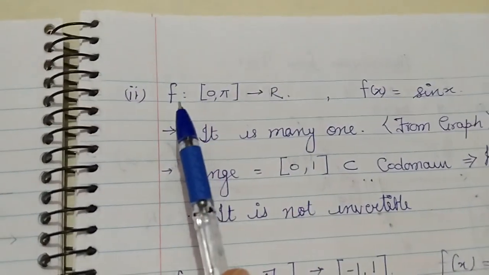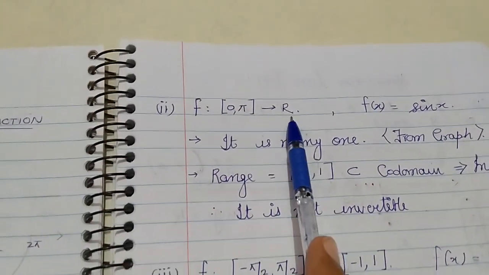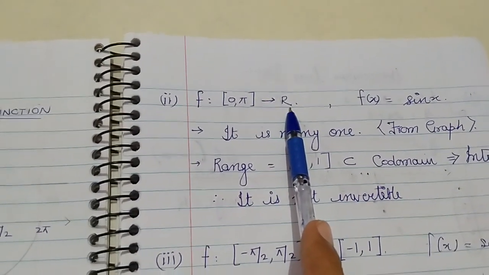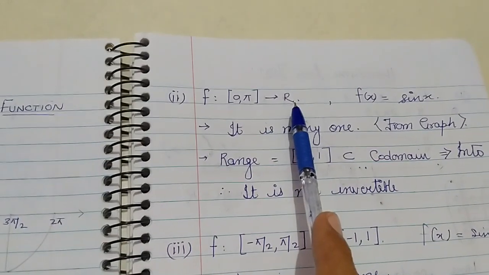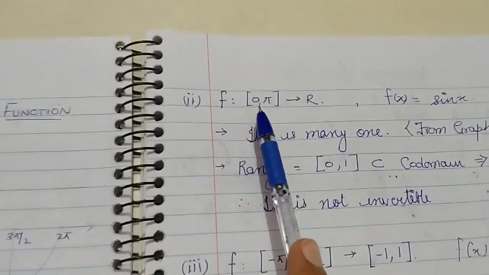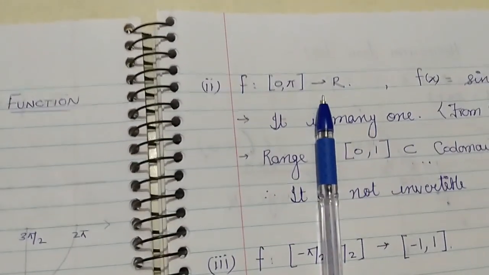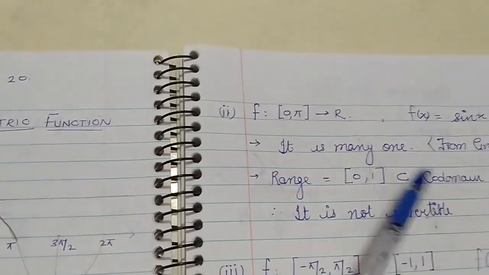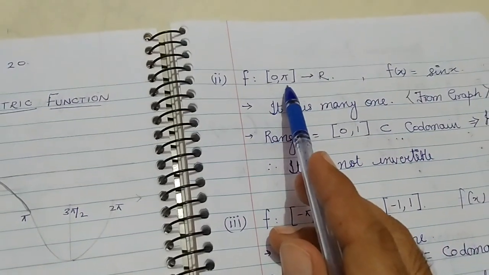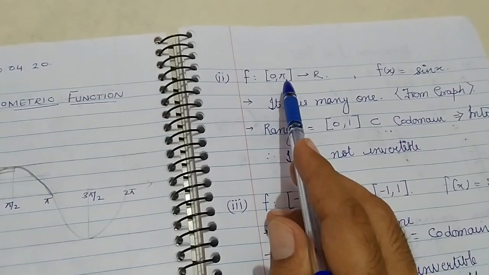Now move to the next condition. In the next condition, the function is the same, but the domain is changed and the codomain is replaced by the set of real numbers. Again we move to the curve, but here a restriction is given. We shall consider only the small part of the wave which lies between the values 0 to pi, because the domain is 0 to pi.